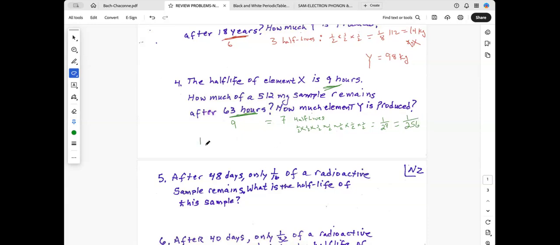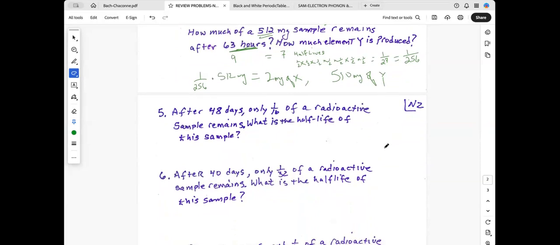So we have 1 over 256 of the original 512 milligrams. That means there's 2 milligrams of X remaining, and therefore 510 milligrams, subtract 2 from there, of Y created.